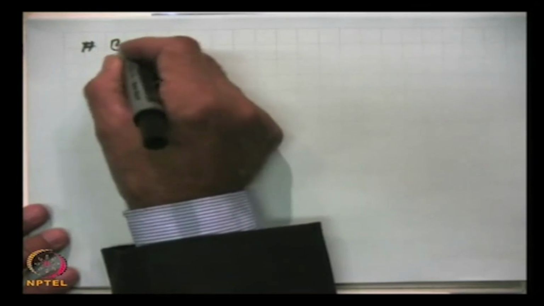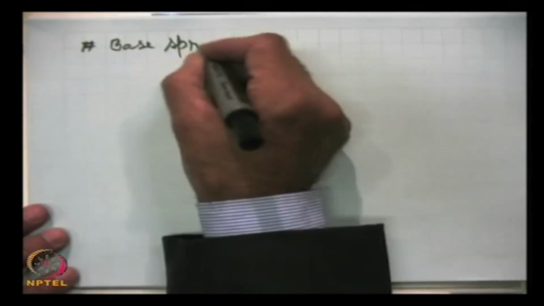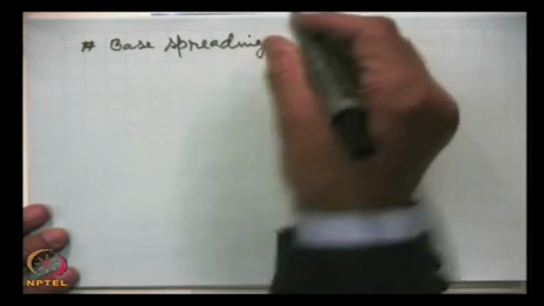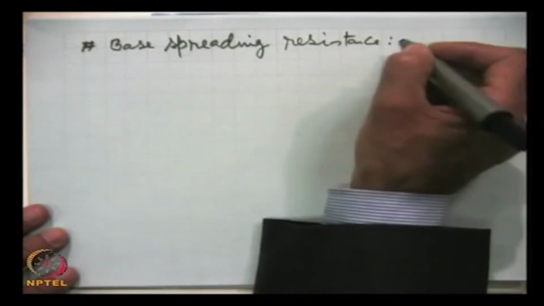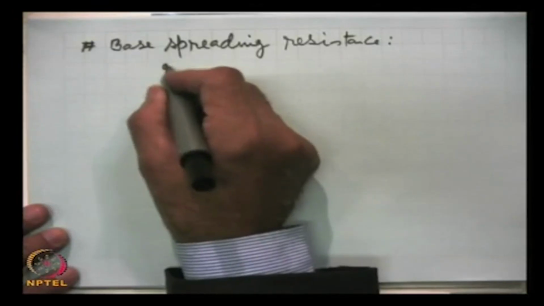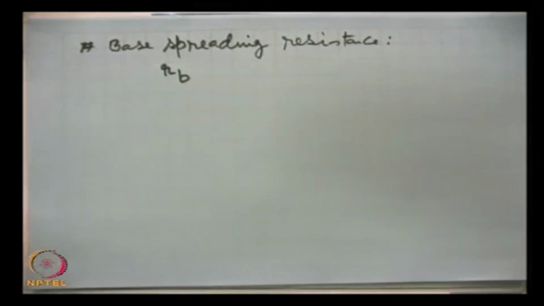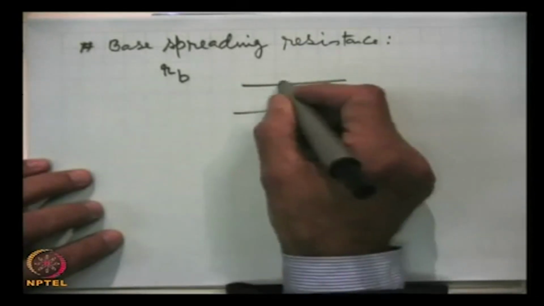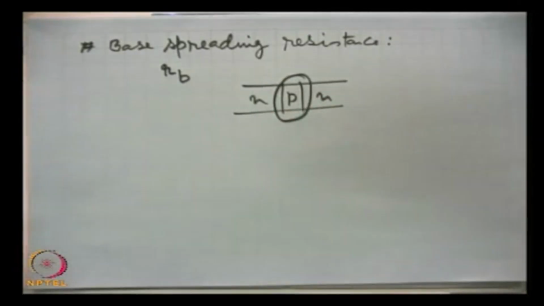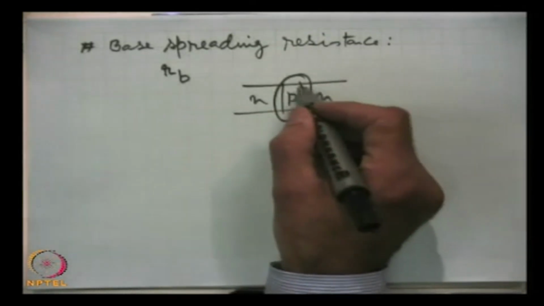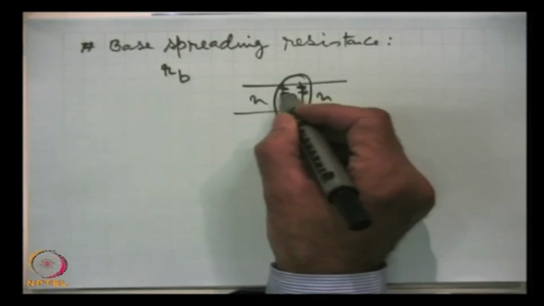Third in this category is base spreading resistance, and it is written as R B. This is the base, a thin region, and it becomes thinner because of the spread of the two depletion regions.